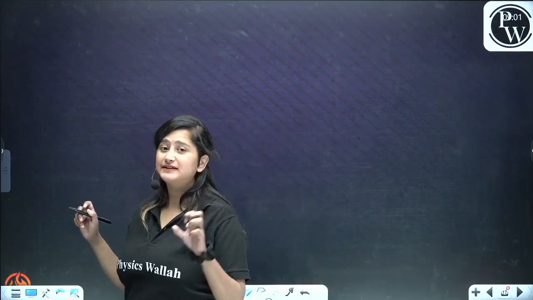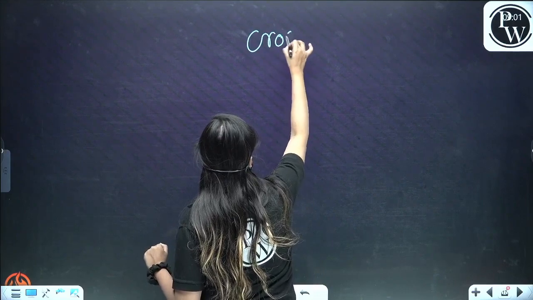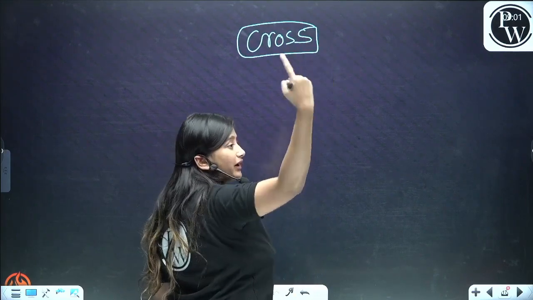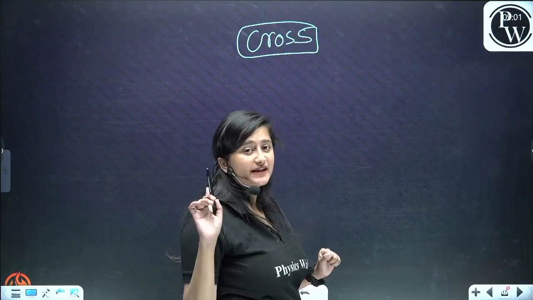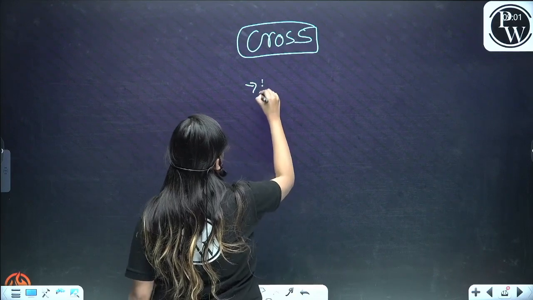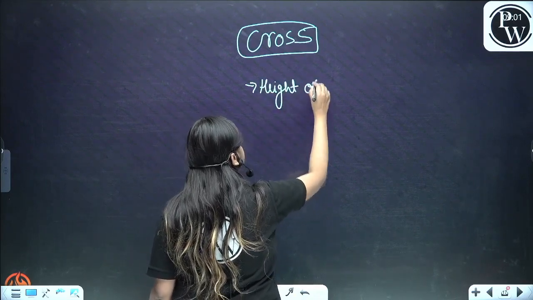Suppose there will be, what is a cross? What is cross? Cross that he has taken one characteristic feature. If he has taken one characteristic feature, that is height of the plant.